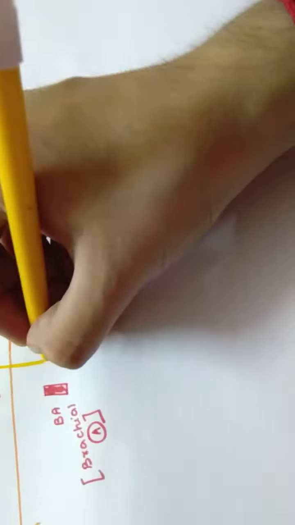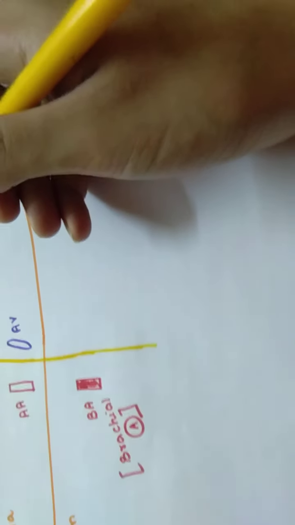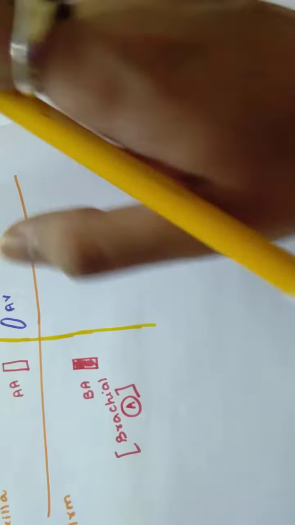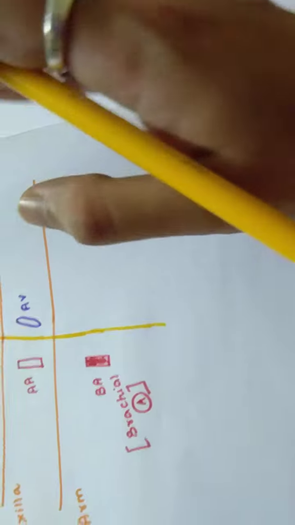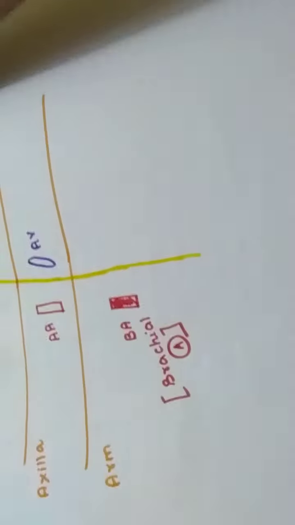Now it descends downwards, and in the middle of the arm it pierces the medial intermuscular septum, and then it again descends, and here is a small structure.